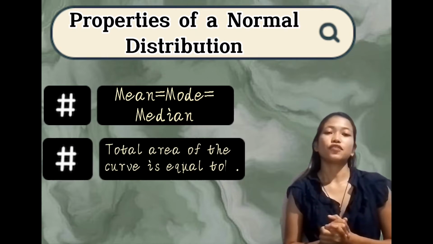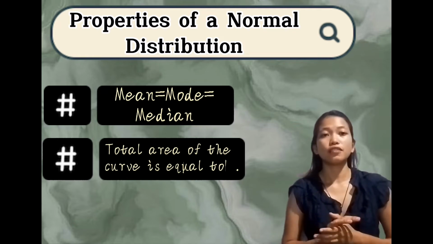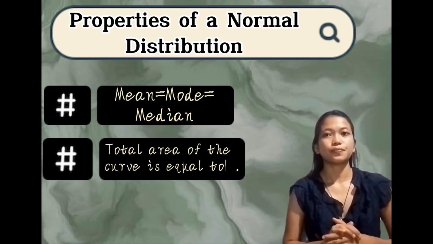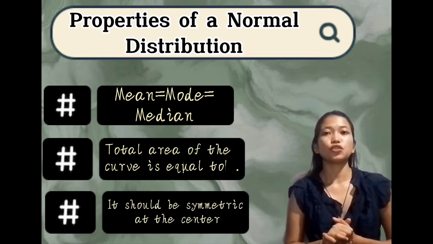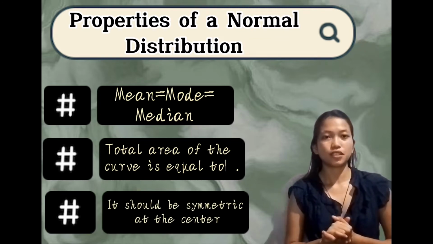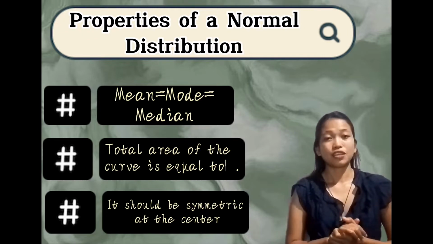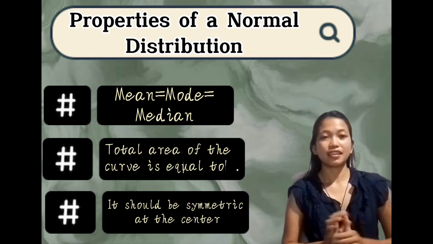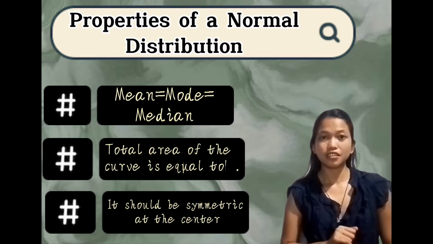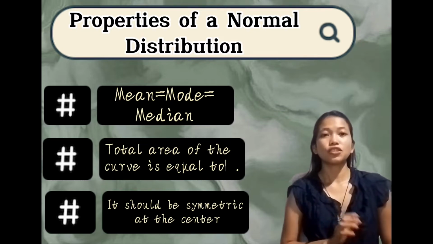Why? It is for the reason that the curve will not fall under the x-axis. The third property is that the normally distributed curve should be symmetric to the center, because by definition, the normal distribution is a probability distribution symmetric to the mean.